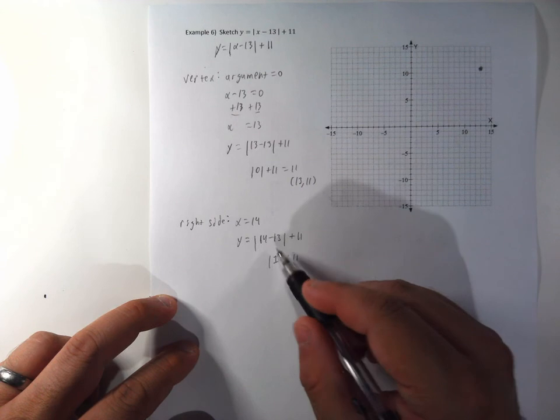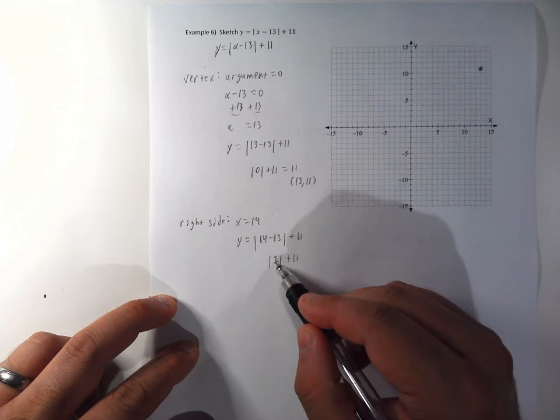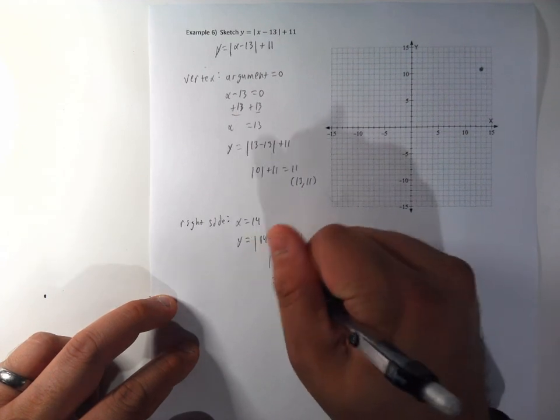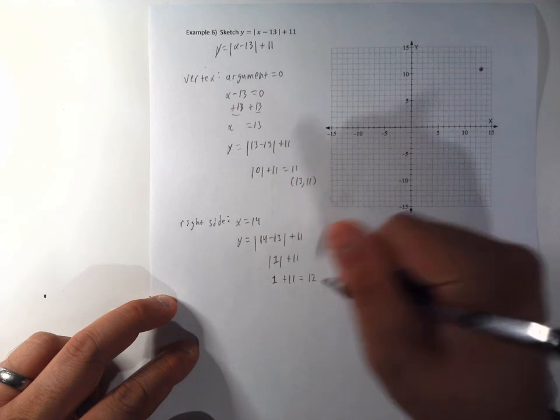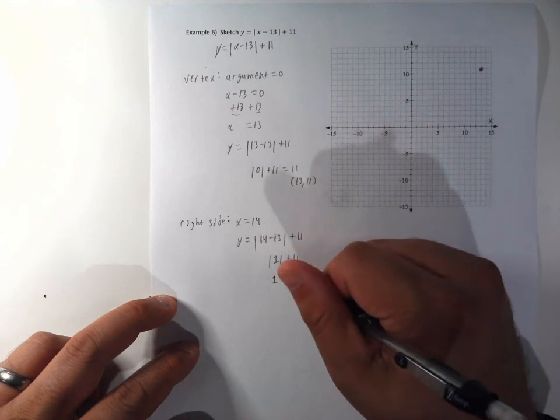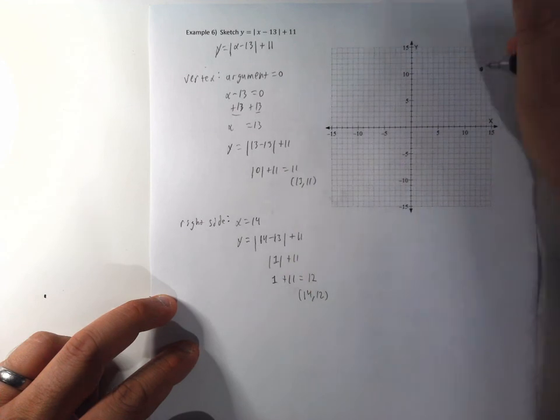Sorry, the absolute value of 14 minus 13 is the absolute value of 1. The absolute value of 1 is 1. That's 12. So this point will be 14, 12.